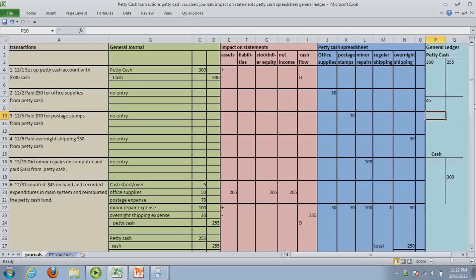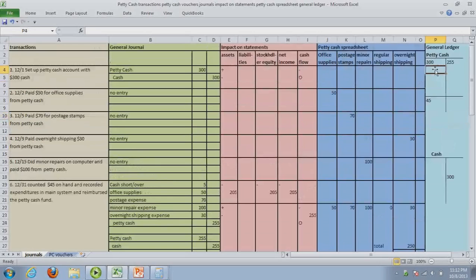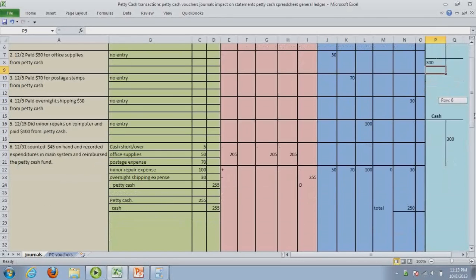And then in the second transaction, for number 6, we see that petty cash now is being debited for $255. Okay, so if we look at our totals, of course the debit and the credit for $255 offset, so the ending balance is $300, which is what we want. We want to bring it back to where it was, and then the cash account would go down by 255 for the expenditures that we've made.